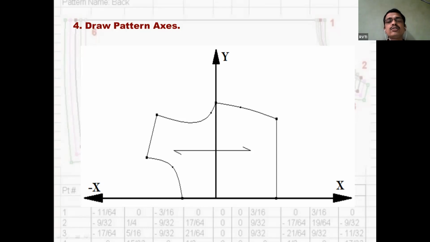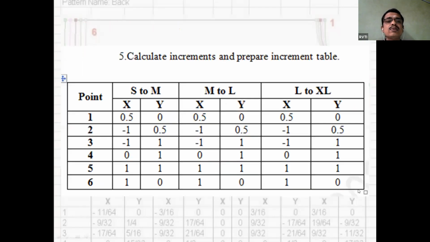Like that, we have to know the direction. For that only, I am telling we should have clear pattern making knowledge. Then only we can understand in which direction the point will move, whether plus X, minus X, plus Y or minus Y. Then only we can prepare the increment table. Like that, the table has been prepared, and we are preparing the increment table.